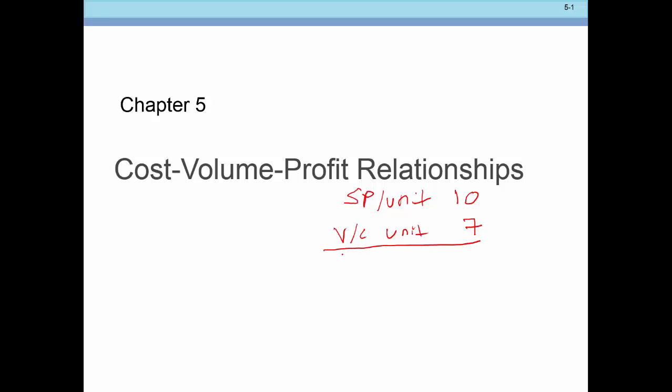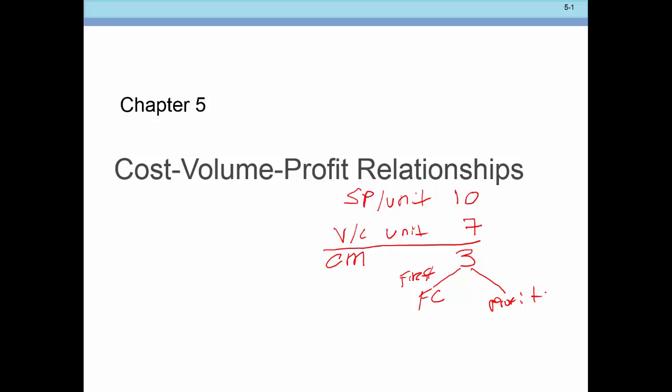So we're going to end up with a contribution margin per unit here of what? $3. And that contribution margin per unit is first going to have to go to cover my what? Fixed cost. And then if there's anything left over, it's going to go towards my profit. Okay? So what happens?